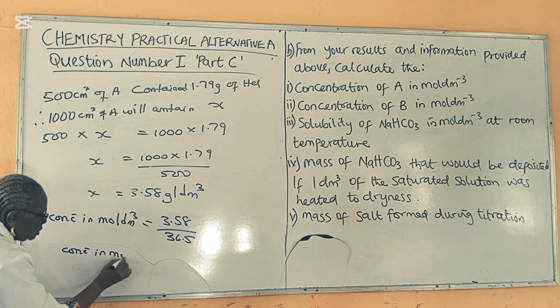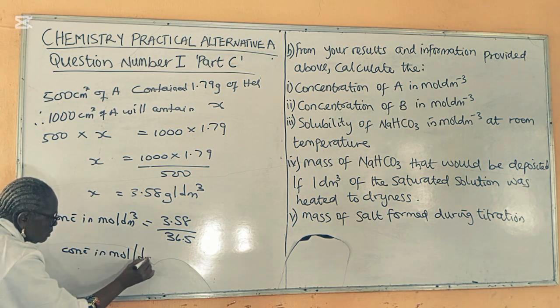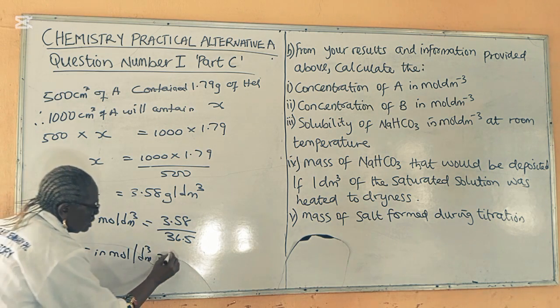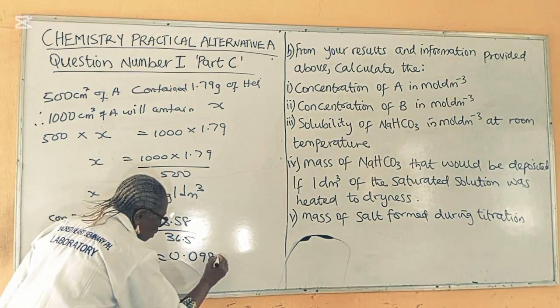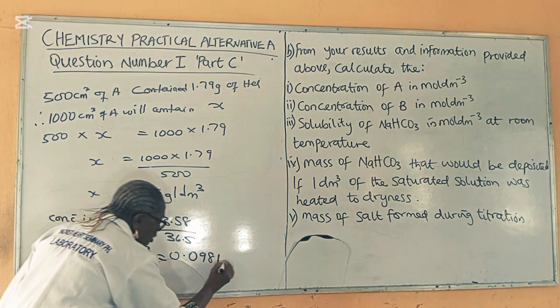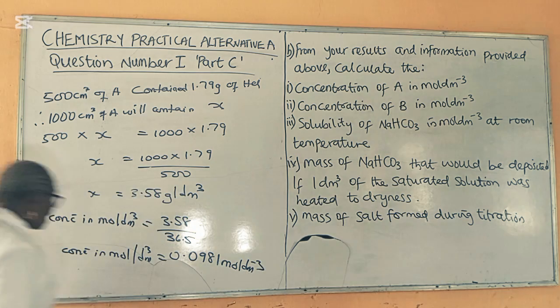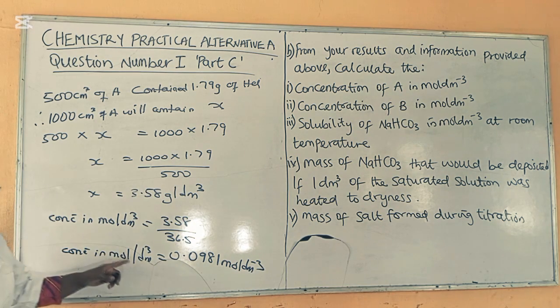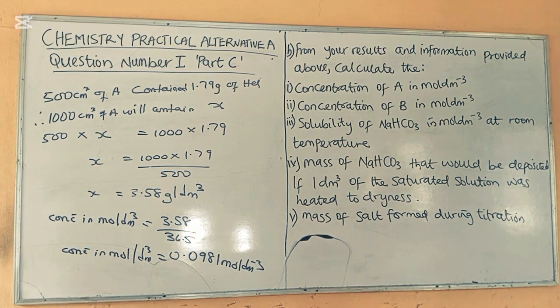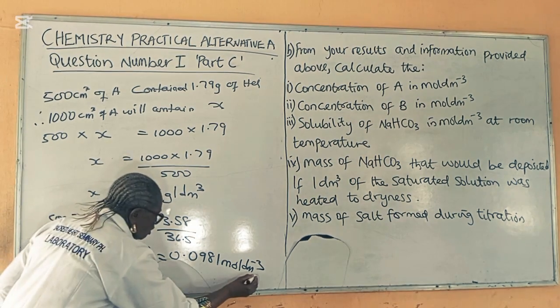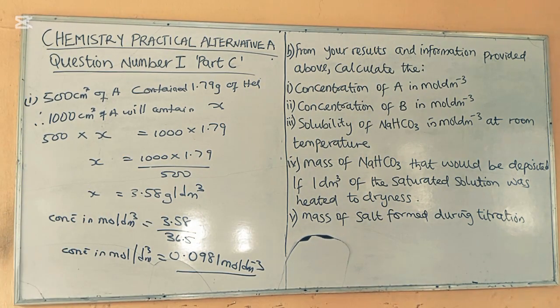Then what is the answer? Concentration in mole of the acid per dm³ is 0.0981 mole per dm³. That is the concentration of A. The one I just calculated is the first question, which is concentration of A in moles per dm³.